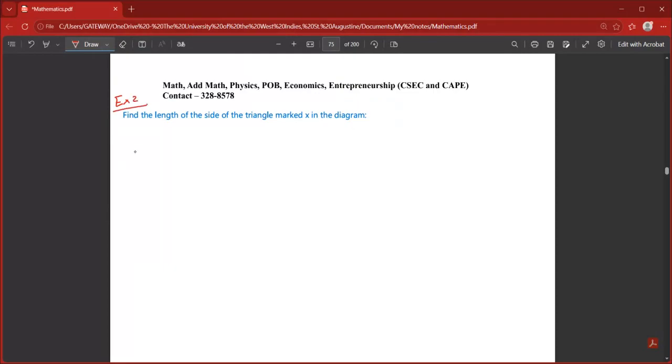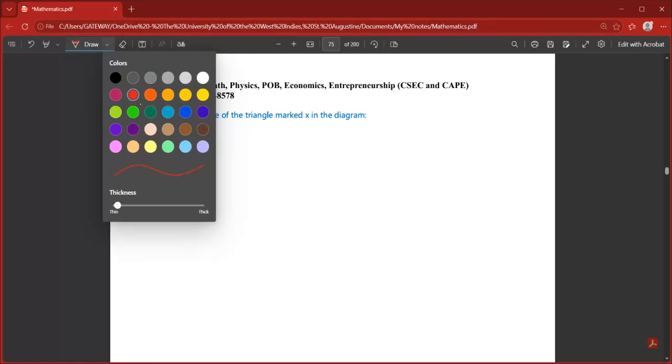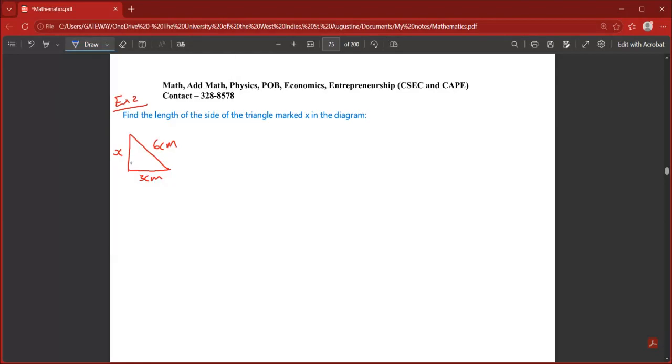So let's say we have this triangle here, looking like this. Here is x, here is 3 cm, here is 6 cm. This is a 90-degree angle there. So we have to find the length of the side of the triangle marked x in the diagram.